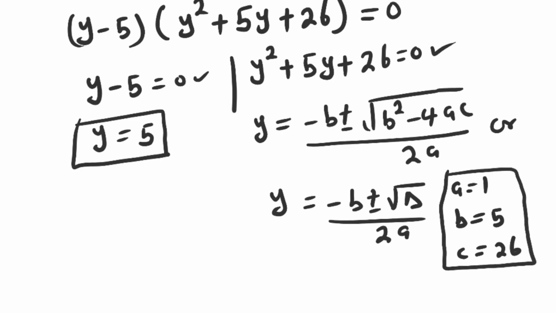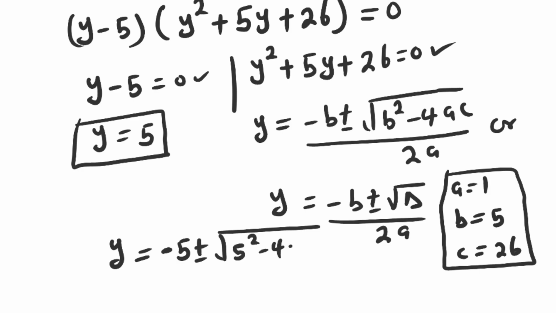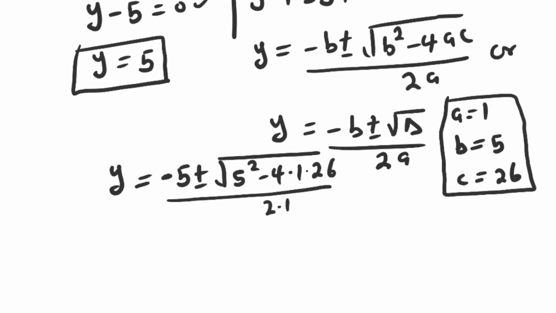Then we have y is equal to minus 5 plus or minus square root of 5 square minus 4 multiplied by 1 multiplied by 26 over 2 multiplied by 1.